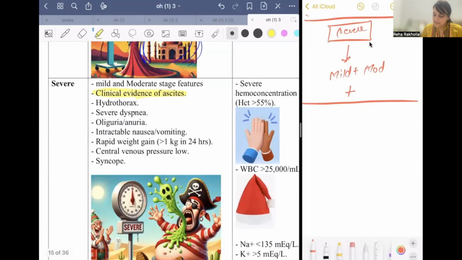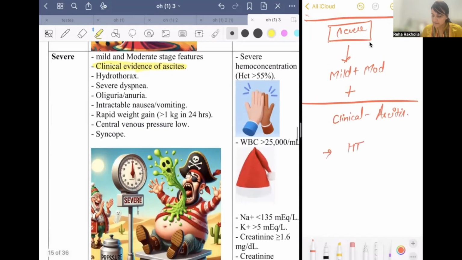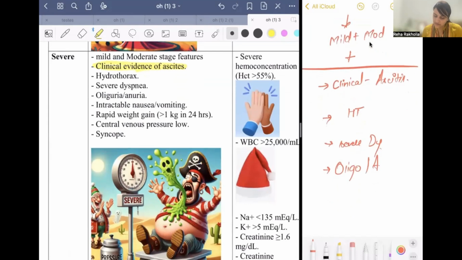In severe, there is clinical evidence of ascites. Clinically, we can see that ascites is present. There is hydrothorax, there is severe dyspnea, there is oligoanuria, there is intractable nausea and vomiting.